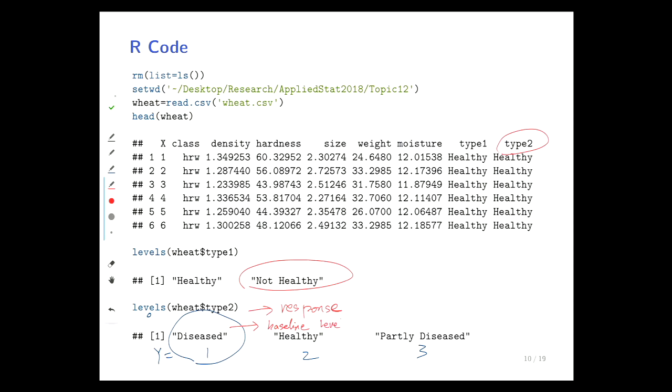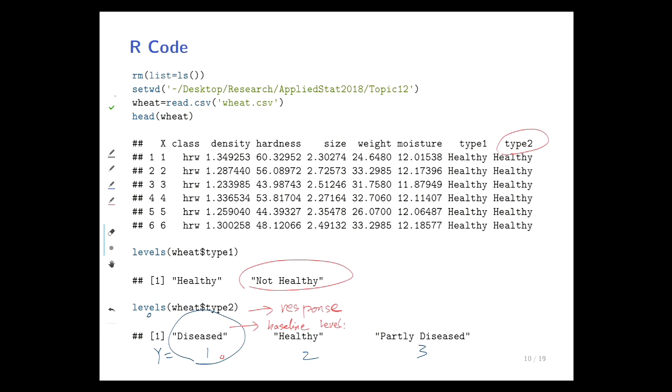If you review the 4 important slides I have mentioned today, you will find that we always have the first one as the baseline level, no matter for the explanatory variable or for the response variable. So if we have the first one as the baseline level, what's the meaning here?